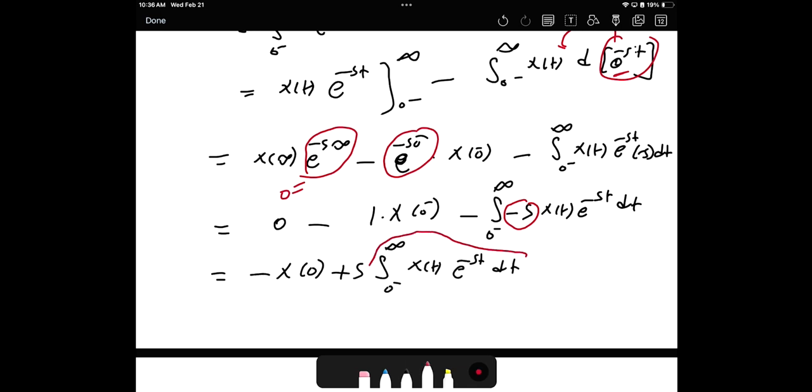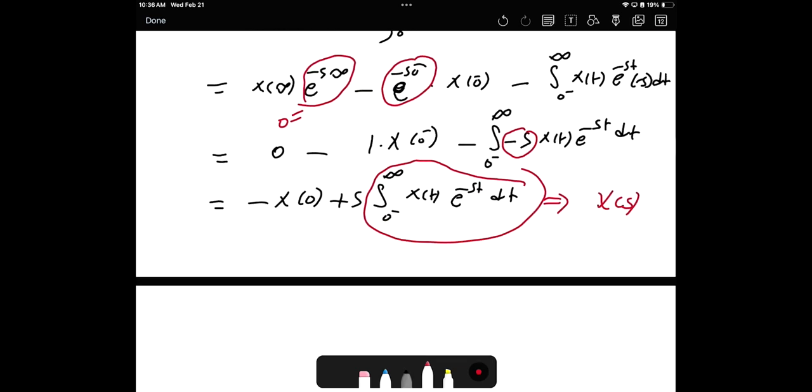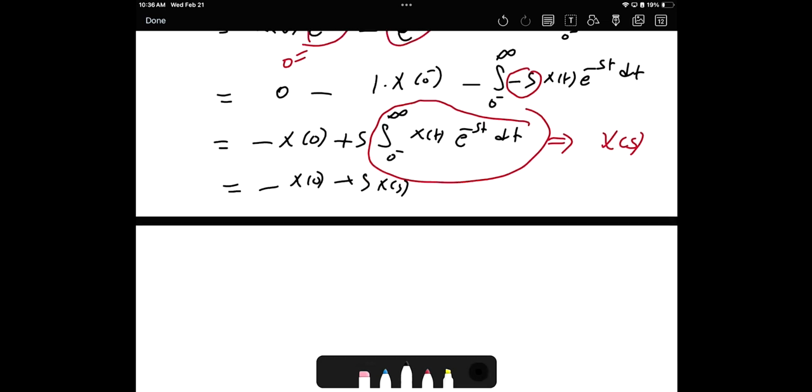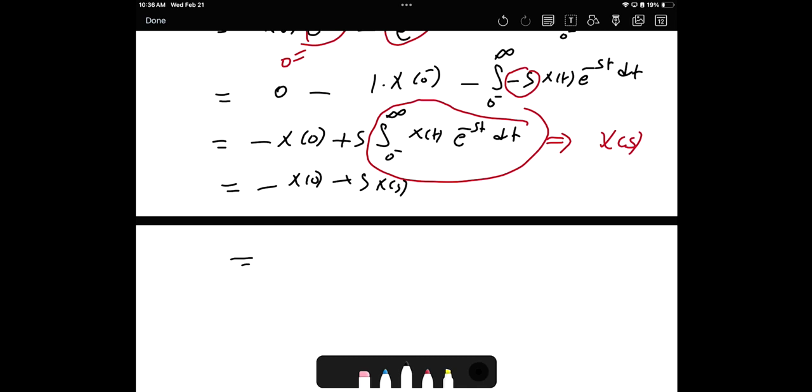This is the definition of the Laplace transformation X of s. So the answer will be negative x of 0 plus s times X of s. Or in other words, we can rearrange the terms: it will be s times X of s minus x of 0.